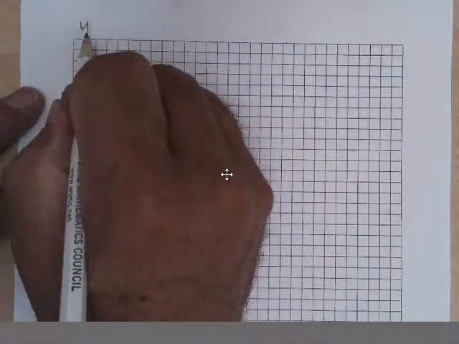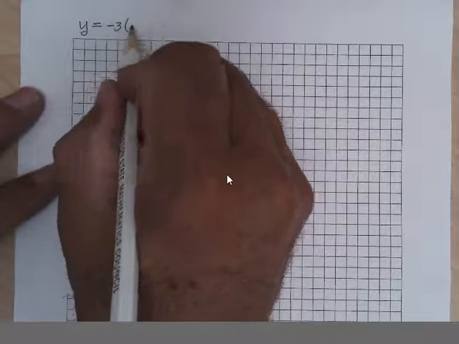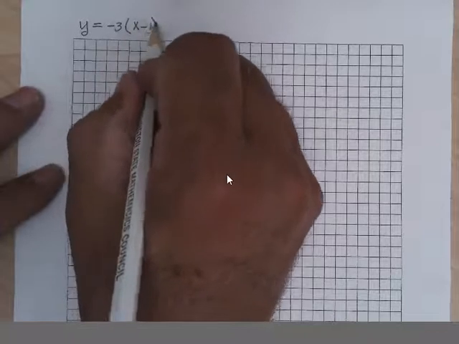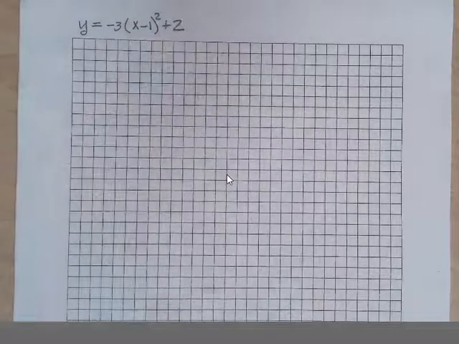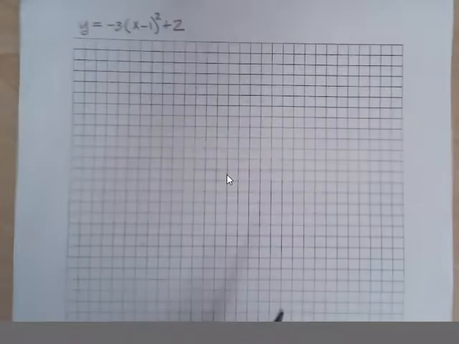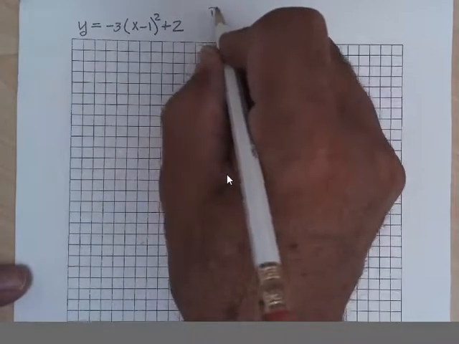All right, so I'm going to write y equals, let's say, negative 3(x minus 1) squared plus 2. Now, first thing you want to do is identify the parent function.